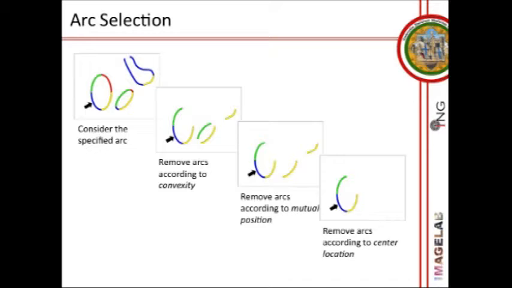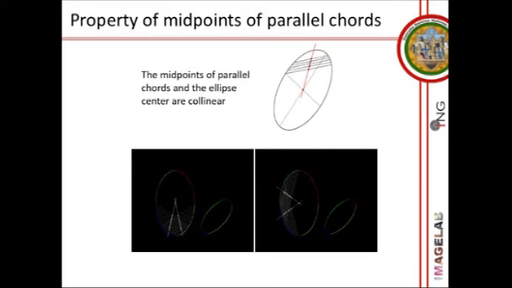Okay, then we apply a selection strategy. We remove arcs according to convexity, mutual position, and center location. To locate the center, we adopt a property based on parallel chords. Basically, the line passing through the midpoints of parallel chords in ellipses and circles passes through the center.